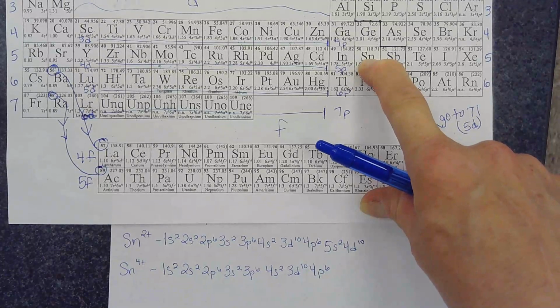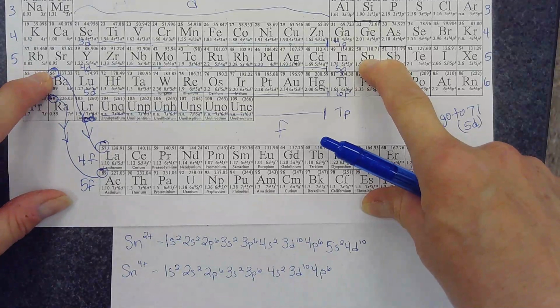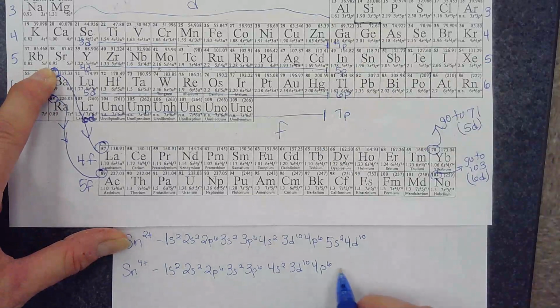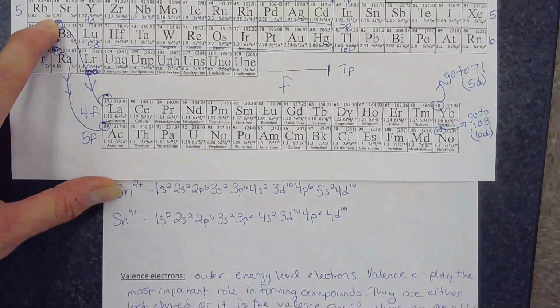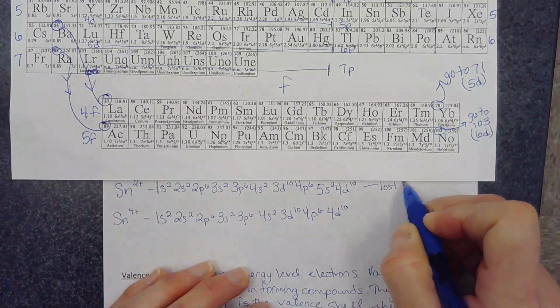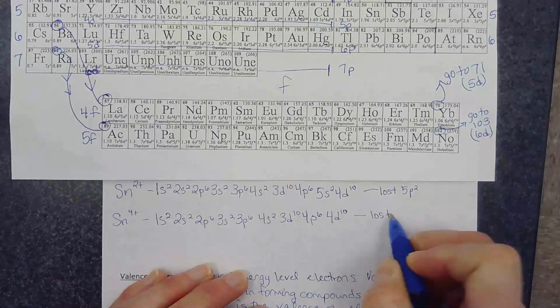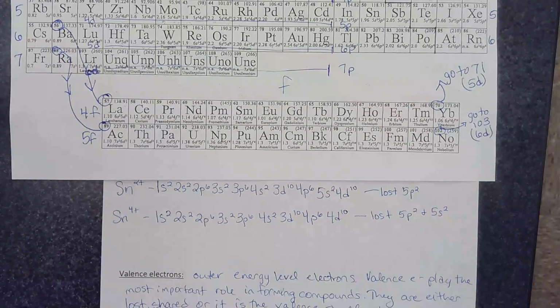No, you're going to take your jacket off first. Where's the jacket? 5s2. Good job, Brittany. 5s2 is the jacket. So you're going to remove 5s2, so all you have now is 4d10. That's all you will have. So make a note to yourself, lost 5p2. Make a note on this one, lost 5p2 and 5s2.